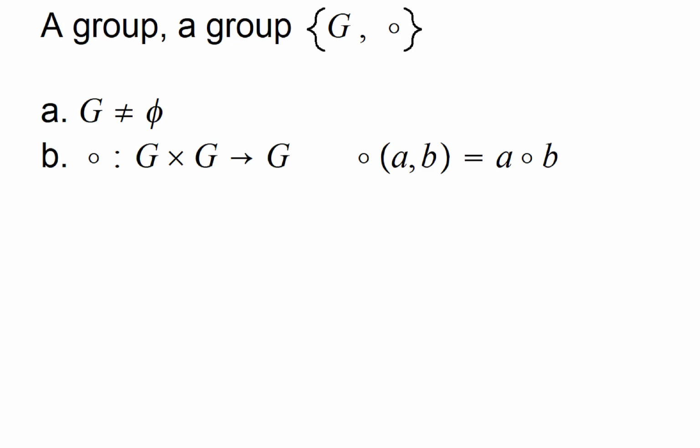So for example, if G is the set of integers, we can have this operation as addition, and we can go from Z cross Z to Z by A and B going to A plus B. Or if you take multiplication, then A, B via multiplication will go to the product.